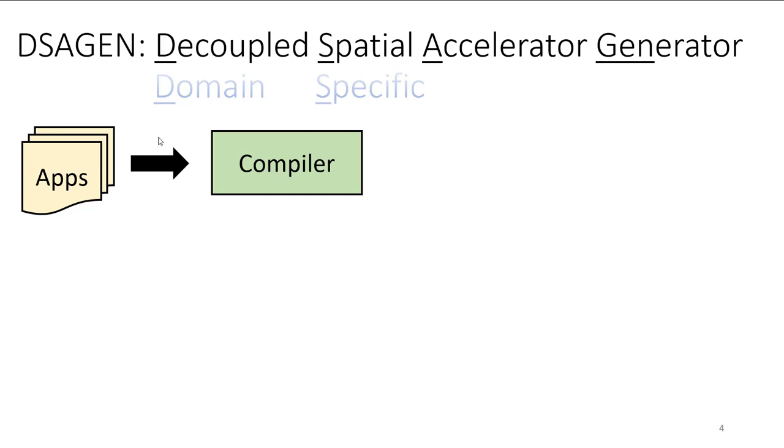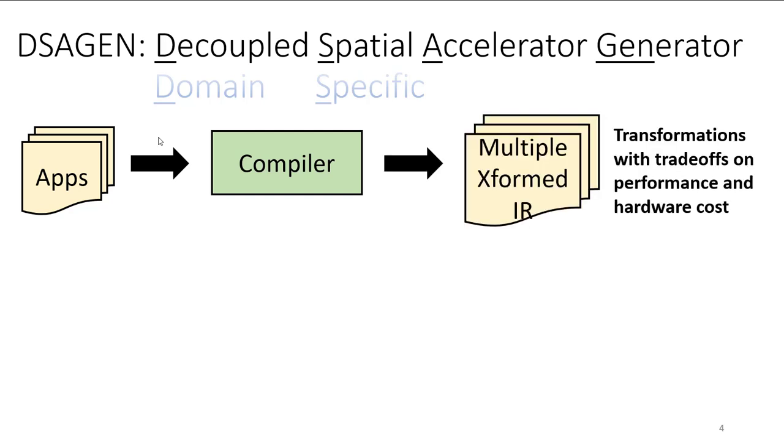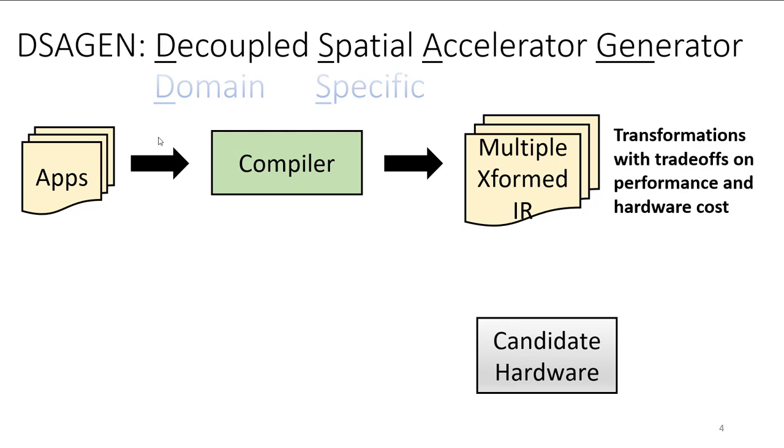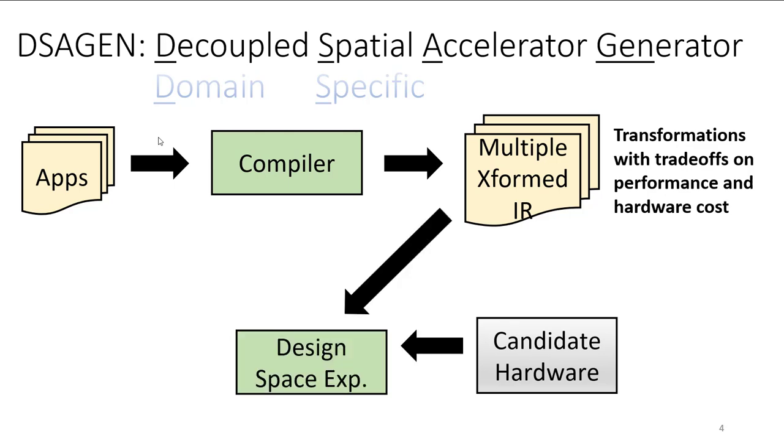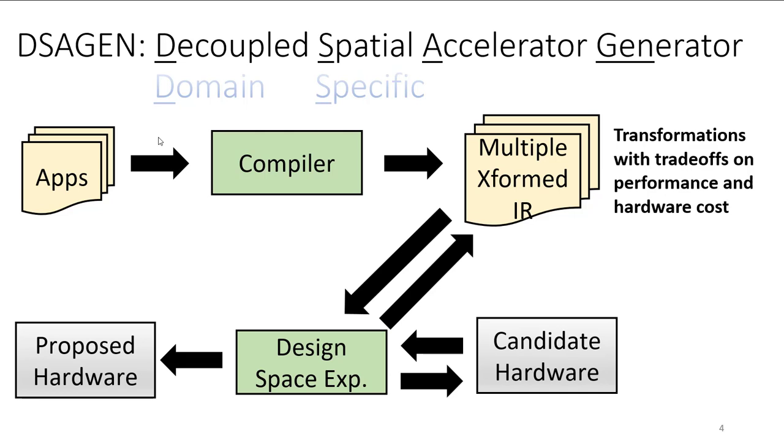This compiler generates multiple versions of the program IRs that take advantage of different hardware features. Our Design Space Explorer evaluates each version of the IR on the candidate hardware, and then it uses the most proper version to guide the design space exploration. Finally, it generates the proposed hardware.